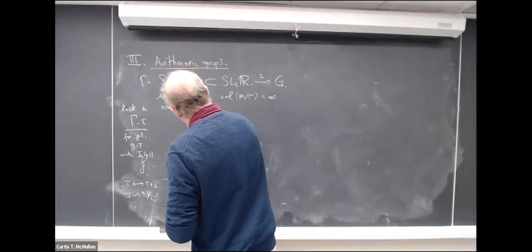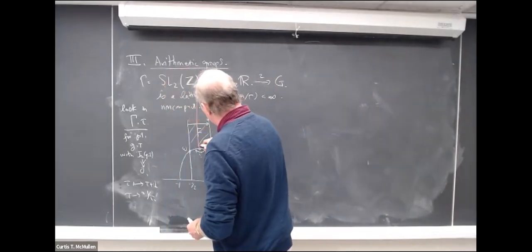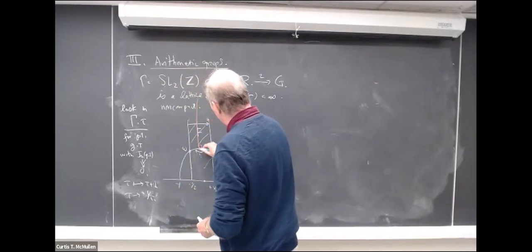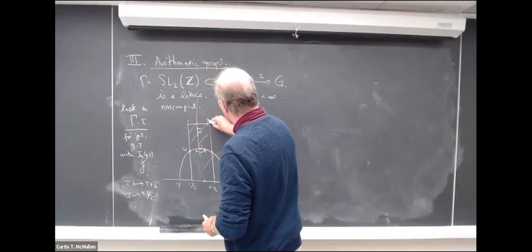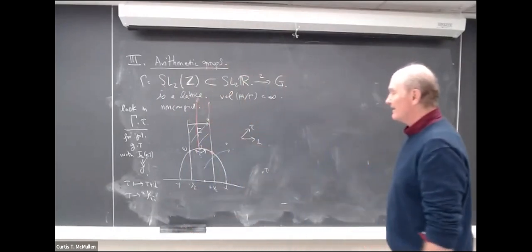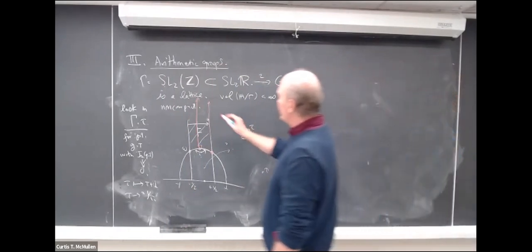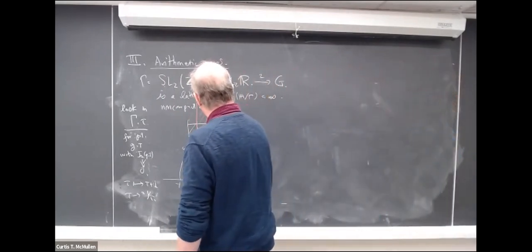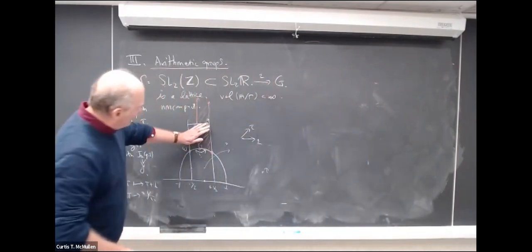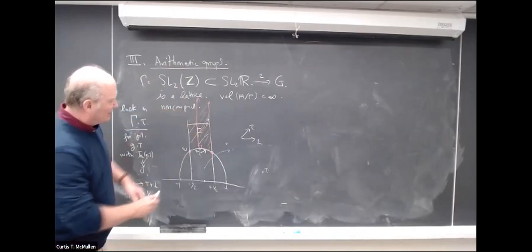Suppose I draw this geodesic here, which makes a right angle, and then this geodesic here, which is part of the fundamental domain, and then this edge here. Now I have the 3 sides of a triangle, just as I did for the 2-3-7 case. And I can tile the hyperbolic plane by reflecting this triangle through its sides.